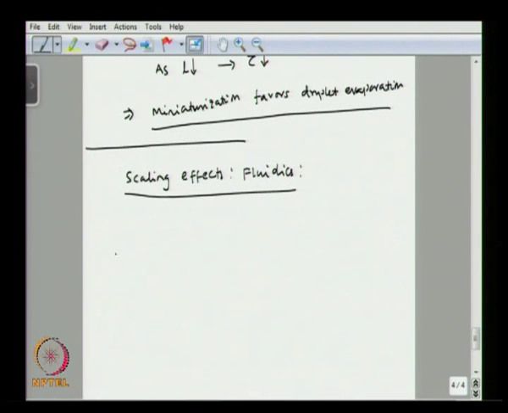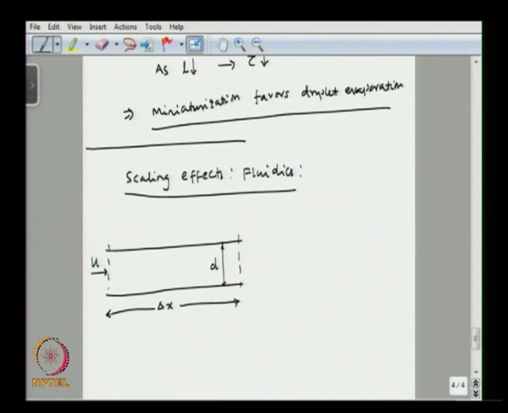Here we consider a straight channel of diameter d, and the velocity is u. Let us say delta x is the length of the channel.